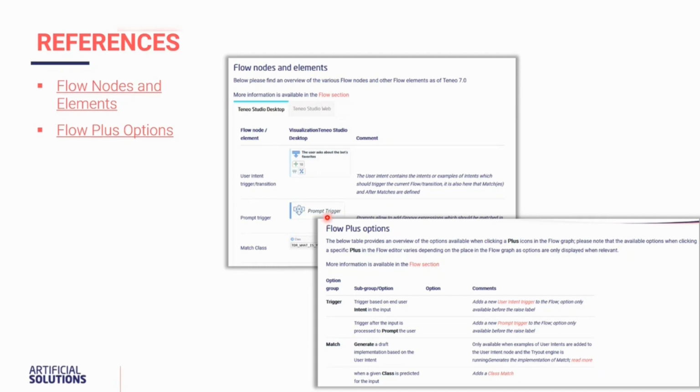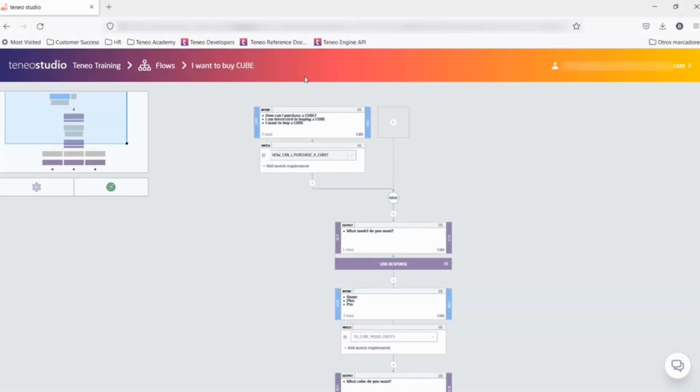So when you're getting familiar with all the options that you have when you click on the plus, what will it actually do, what are the new elements that you have inside the flows, there is a good overview on Teneo AI here that will show that for you.